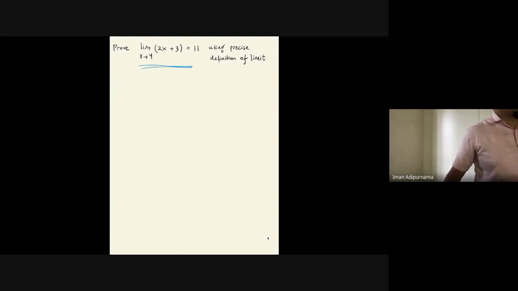Proof: limit as x approaching 4. Let's just start with really basic. The question is to prove this limit using the precise definition of limit.